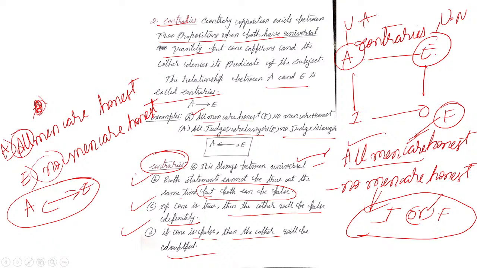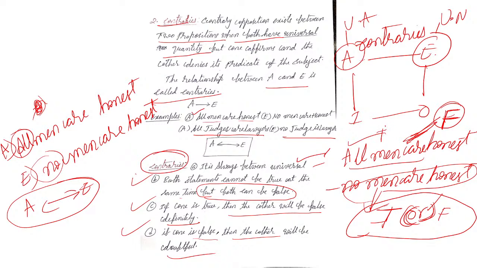All men are honest is false. I am saying all men are not honest. Then I cannot say no men are honest, right? Maybe some men may be honest. That may be possible, right? That's why if it is false, we cannot say whether it may be true or false.